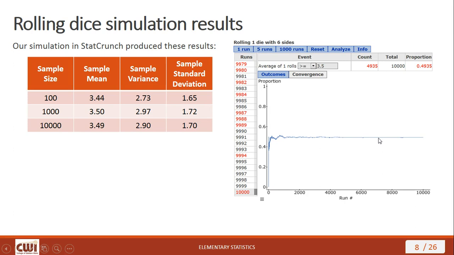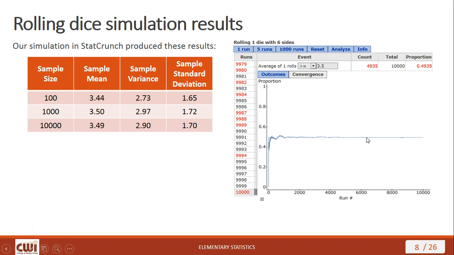And notice how we have some outcomes that are above the expected value of 3.5 and below the value of 3.5. And this is the proportion that we're actually calculating here. So for a 6-sided die with an equal probability of getting any one of the 6 numbers, you would expect half the outcomes to be below 3.5 and half the outcomes to be above 3.5.